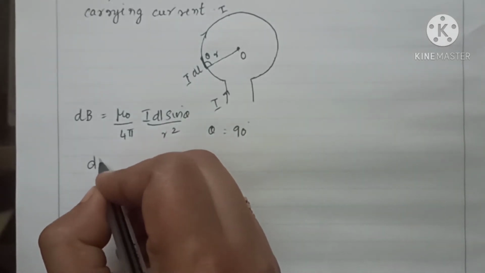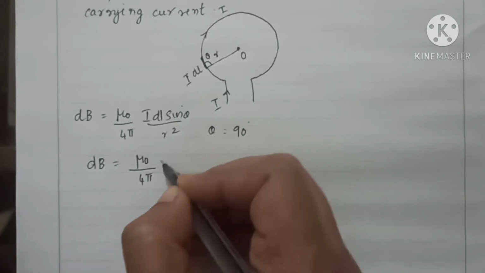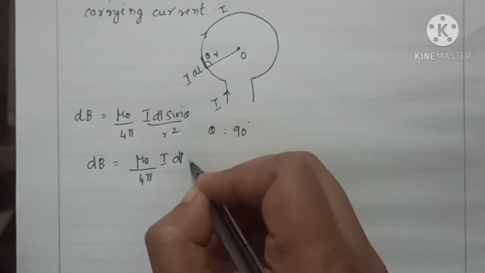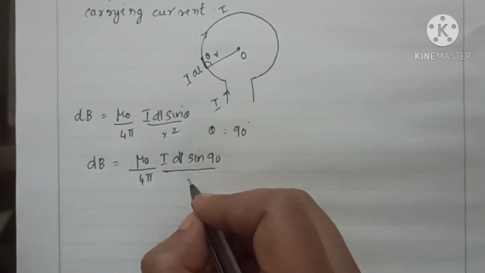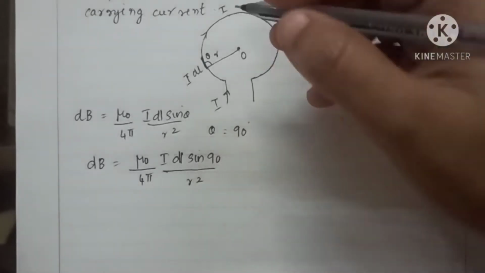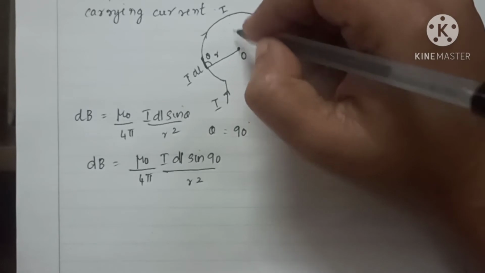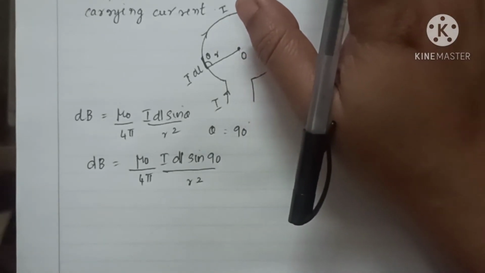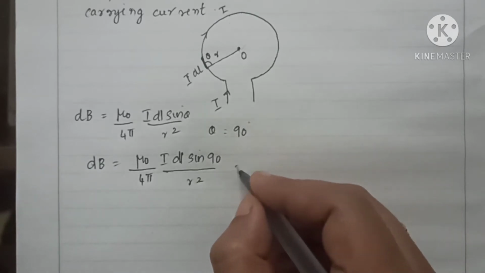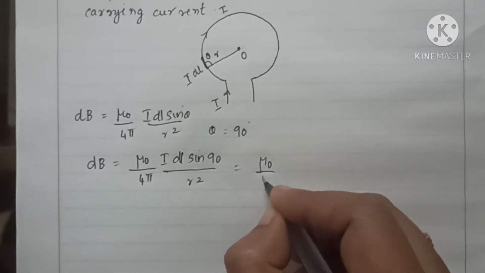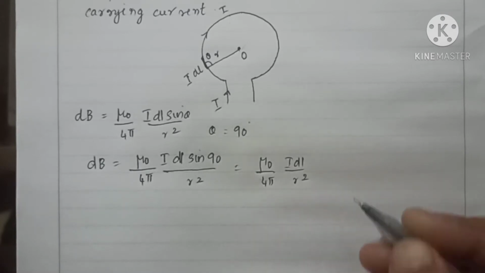Then dB will change to mu 0 by 4 pi I dl sin 90 by r square. At any point I consider, since it is the radius, the angle will be 90 degrees. So mu 0 by 4 pi I dl sin 90 by r square, which is mu 0 by 4 pi I dl by r square.